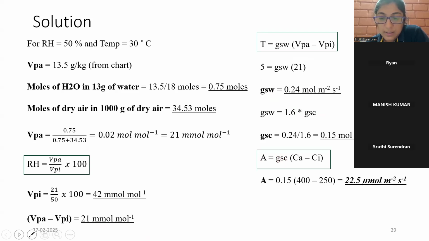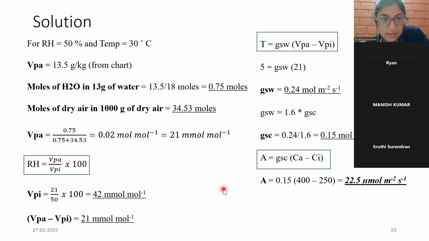We know that the carbon dioxide concentration outside in the atmosphere is given as 400 and inside the leaf is given as 250. So doing this substitution, in the end we will get around 22.5 micromoles per meter square per second. So yes, your answer is right, Ryan.